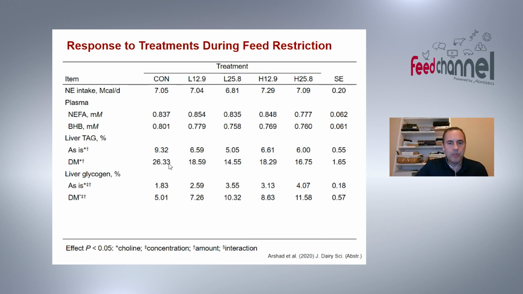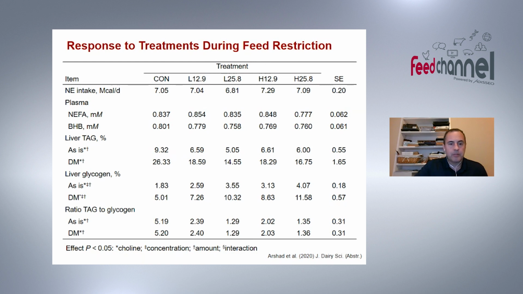The exact same response was observed when we expressed the triacylglycerol on a tissue dry matter basis. When we look at glycogen content, it increased when cows received rumen-protected choline compared to the control, and the same was seen on a dry matter basis.